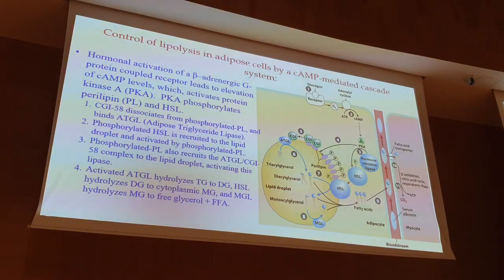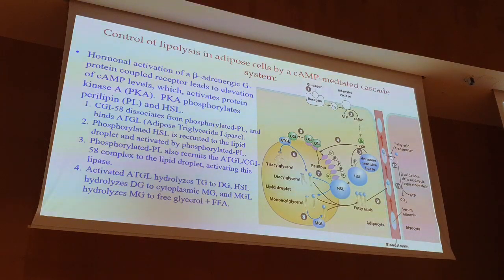So you have the fat droplet, and around the fat droplet, you have these enzymes. And you notice you have the HSL, that is the hormone-sensitive lipase. But you also have the ATGL on the top left-hand corner, just where it says number 6.